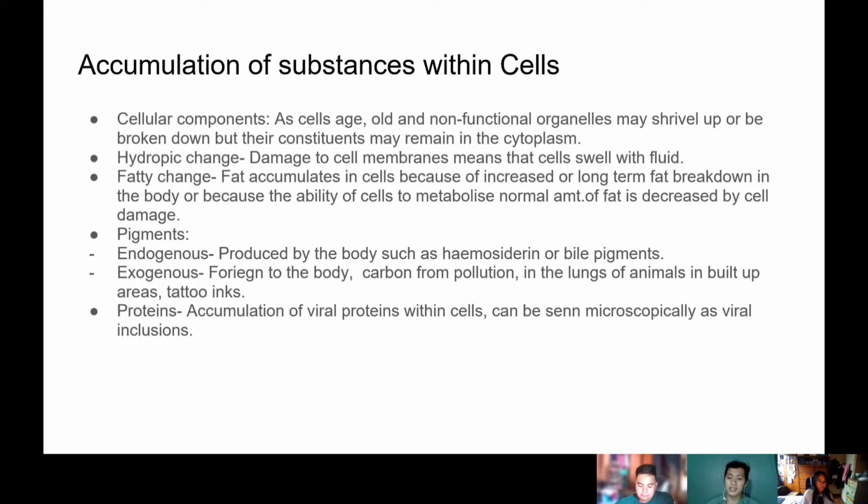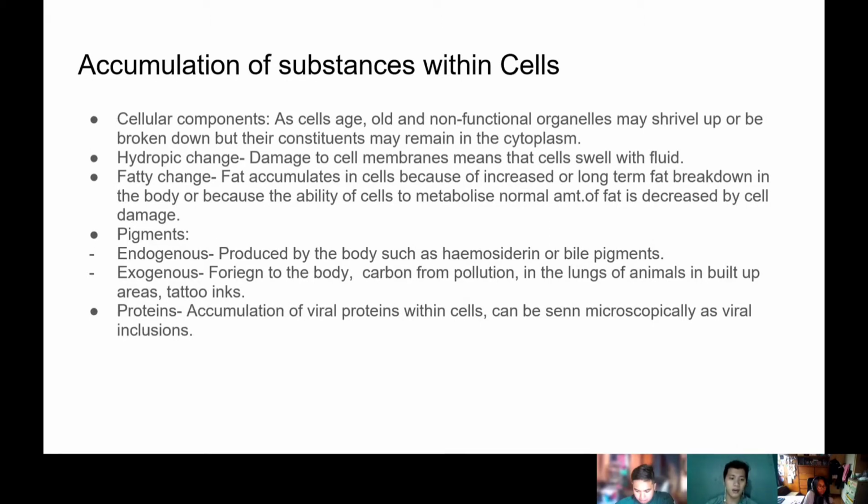Because of this, in some viral diseases, viral proteins accumulate within the cells and can be seen under the microscope, so-called viral inclusions. Some viral inclusions are very characteristic in appearance and can help to make a diagnosis of a specific viral infection even before virology has been carried out.